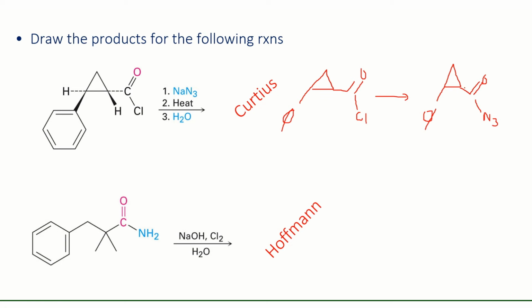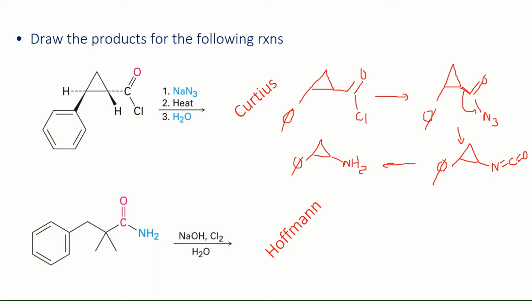The alkyl shift can occur from here to here, to form the isocyanate, and then of course on hydrolysis you will end up with your product, which will be a puppy.